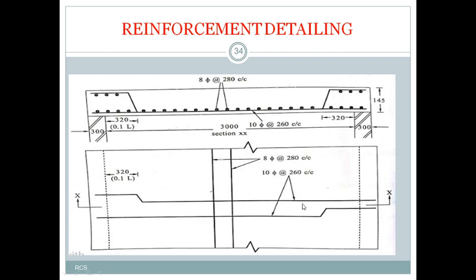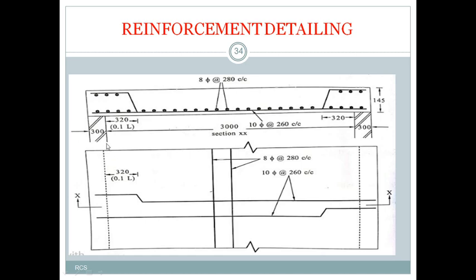So if I cut the section here at XX, and see the cross section at XX, it will look like this. The main bars, that black straight line, will show you the main bars, and these are the bent bars in the form of main bars, and these circles show you the distribution bar, right?